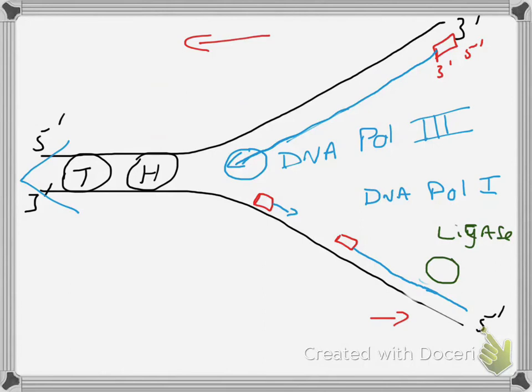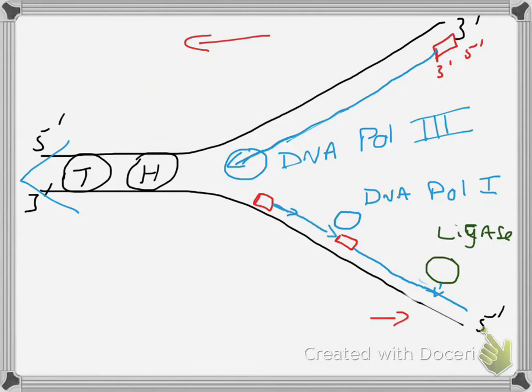So if I have ligase making this final bond, and I'll make this little arrow here between my fragments, we can put our other enzymes on here. So we can put DNA polymerase 1 right here, getting ready to chew that away, if we extend this one to here.